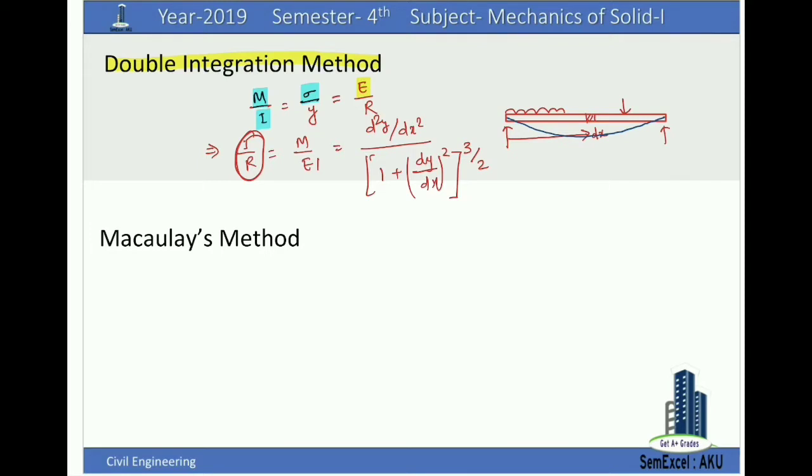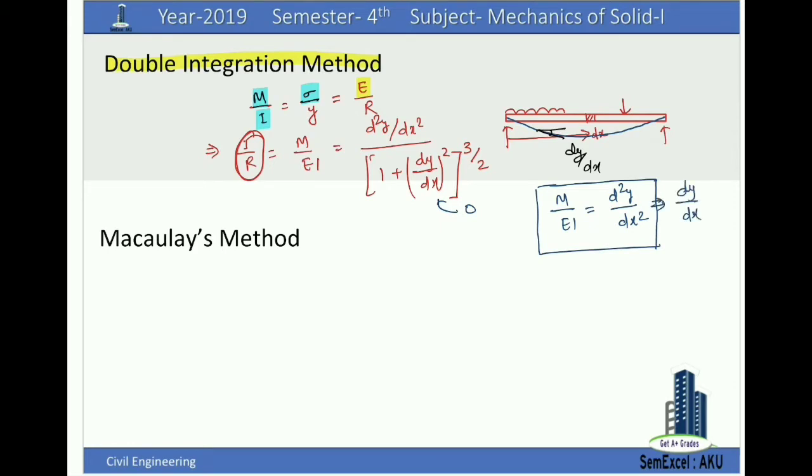This slope dy by dx at any point is very small. So we put dy by dx is equal to 0, then what we will get is M by EI is equal to d2y by dx square. Please note that here there is one assumption, that is dy by dx is very small.